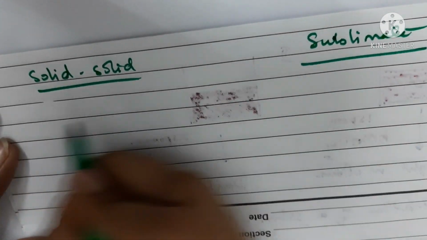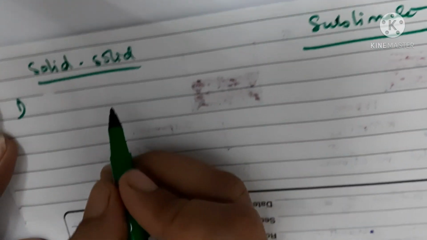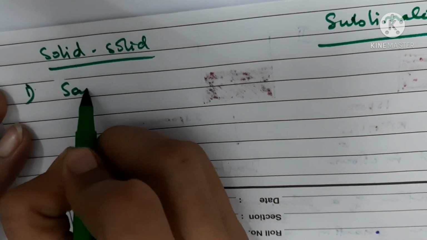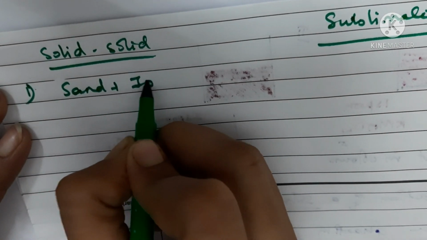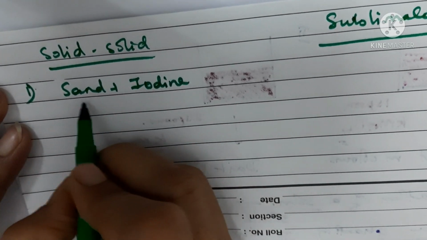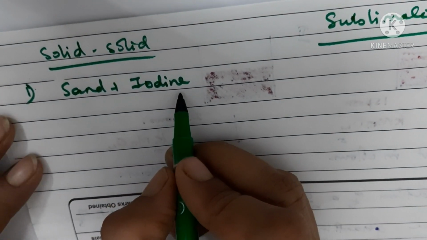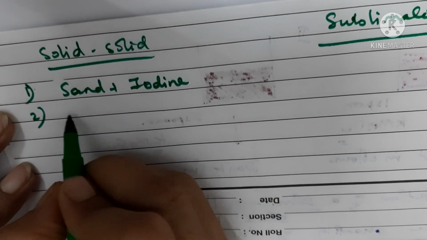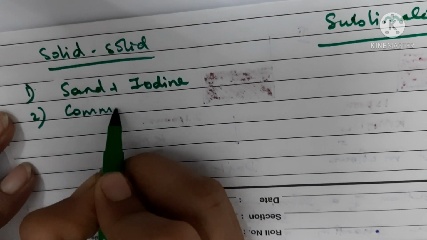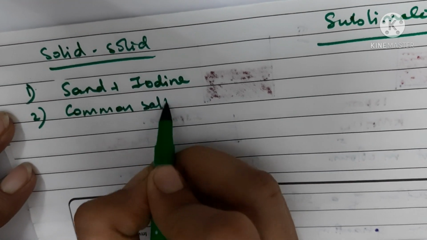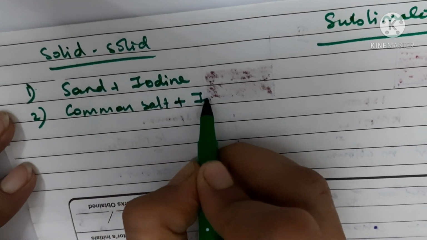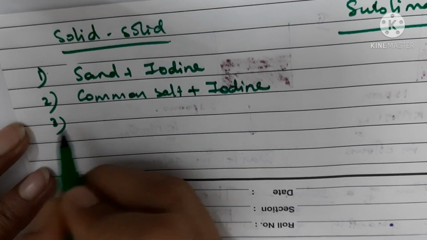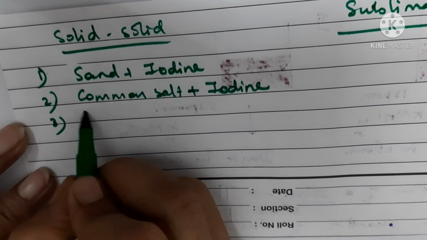As you have seen, common salt and ammonium chloride. Then you can have sand and iodine. This could be a mixture where you can use the sublimation process. Secondly, you can use common salt and iodine also; for common salt and iodine, you can use the same sublimation process to separate them. Or you can have iron filings and naphthalene.